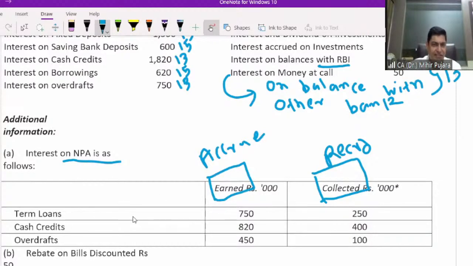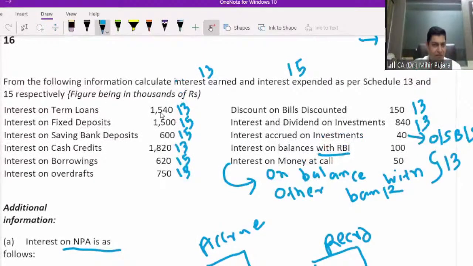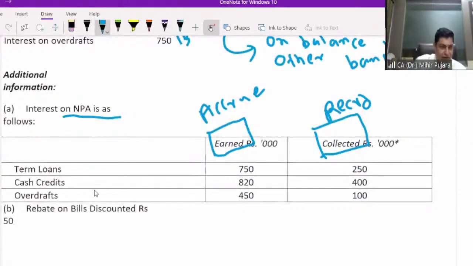So guys, first is term loan, 1540. Total interest on term loan is 1540.